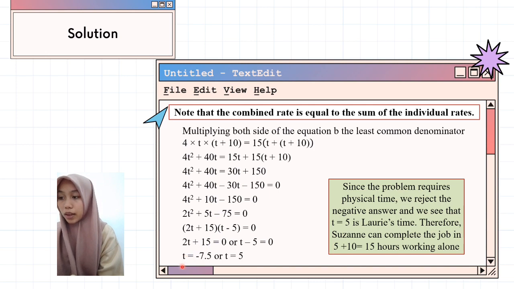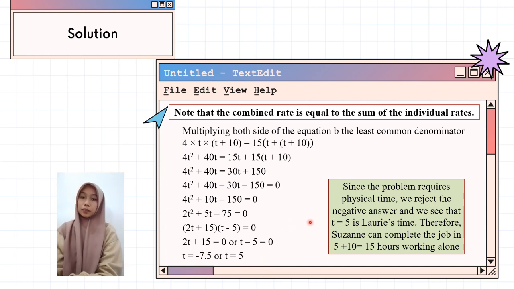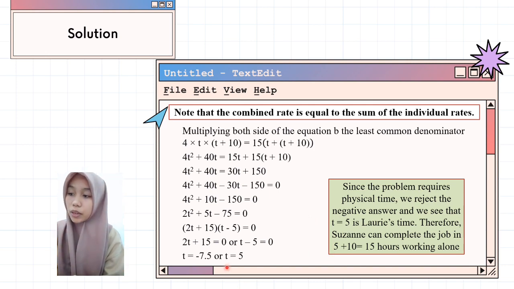And we have T equals -7.5 or T equals 0.5. Because this is time, it cannot be negative, so we take the positive value as the answer.